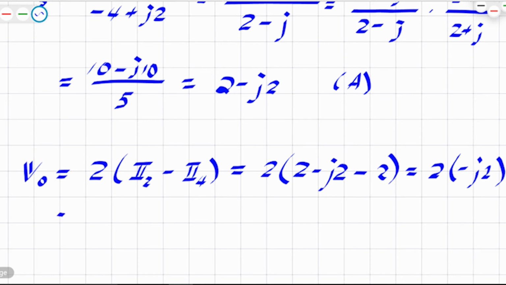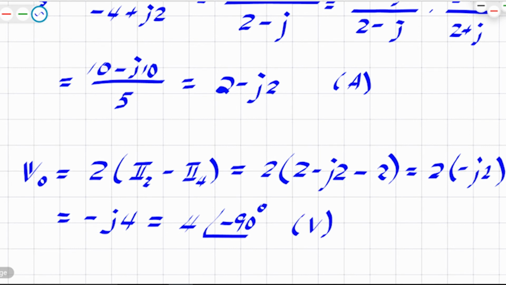Now we eventually have negative 4 times J. Remember that negative J is negative 90 degrees. So the amplitude is 4 and the phase angle is negative 90 degrees, in volts. So this is our final answer.